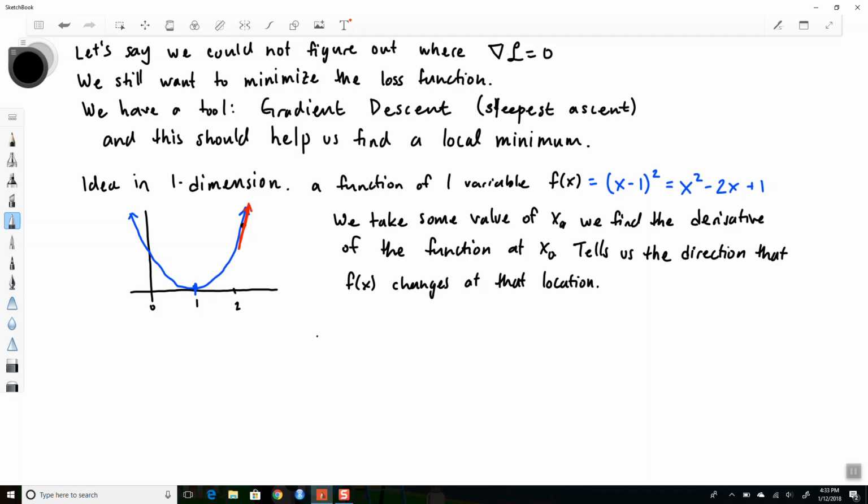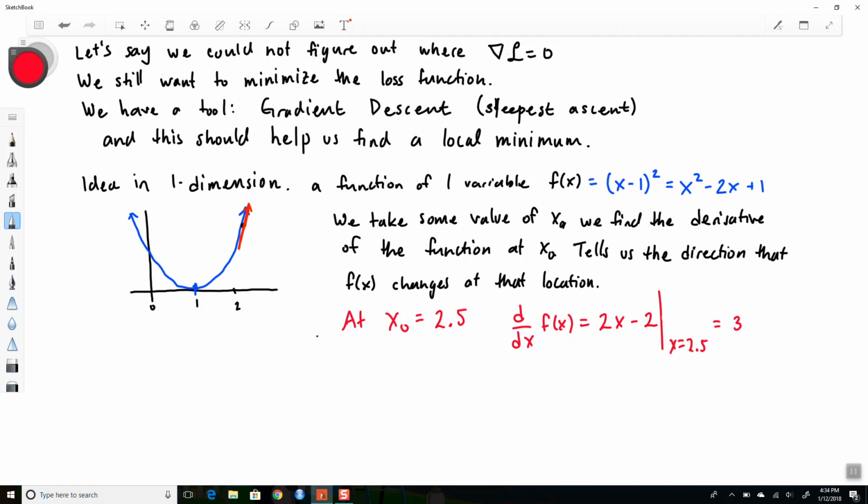So let's say at x sub 0 equals, let's say 2.5, then the derivative of f of x would be 2x minus 2 evaluated at 2.5, which would be equal to 3.